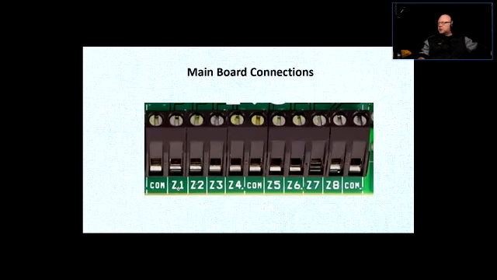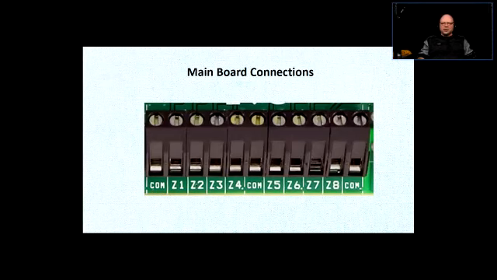Zone number 1 in the security alarm usually has to be shorted to the common. Sometimes there are different scenarios, but basically Z1 is shorted to common, Z2 shorted to common, Z3 shorted to common, and based on that the security alarm thinks everything is okay, the zone is at rest.